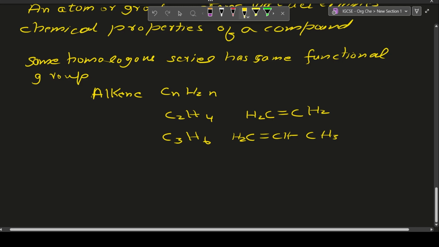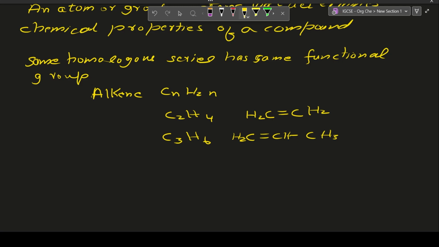Similarly, I'll give you another example from the functional group carboxylic acid. That's also another functional group. If I take the first example, HCOOH. This family will always have this valency, COOH.